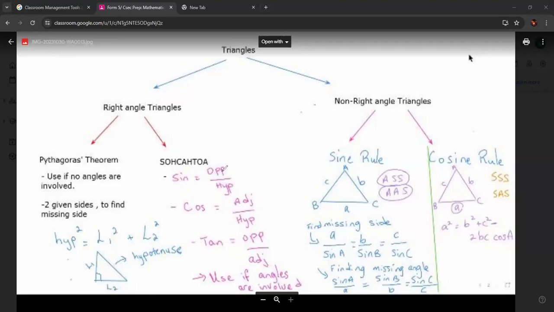What if it's not a right angle triangle? So if it's not a right angle triangle, we have to use the sine rule or the cosine rule. They normally give you this on a formula sheet, right?